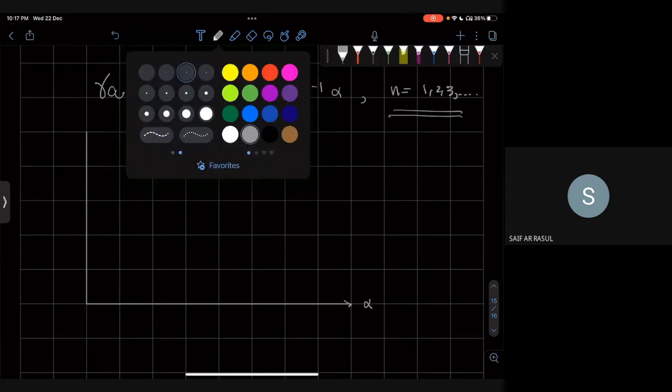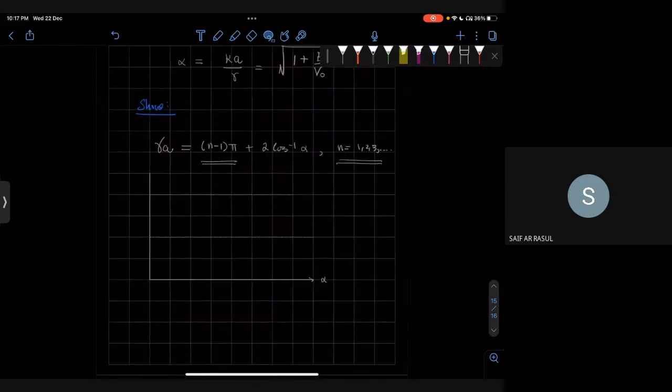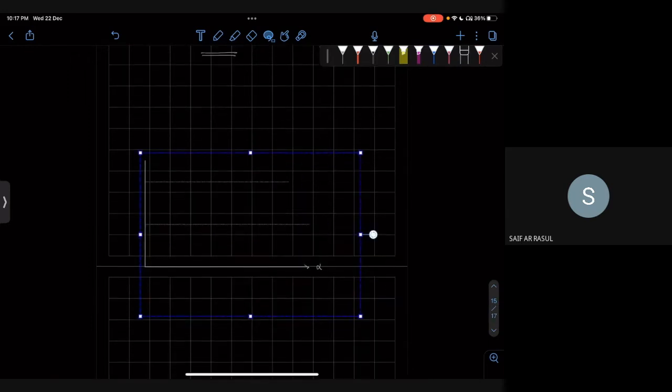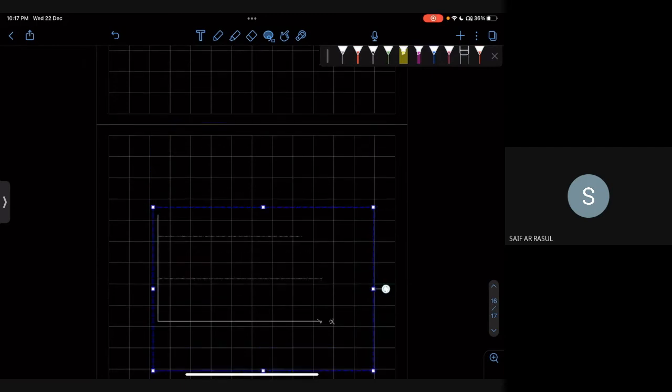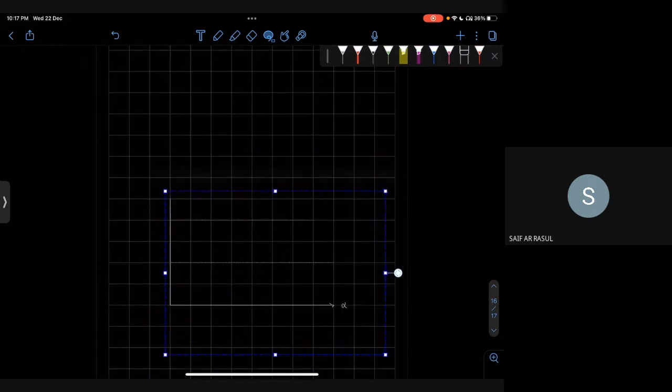Use a different color, so on the right-hand side, these are the different branches. Also, let me make some room so I can go up in the y direction more. Okay, good.